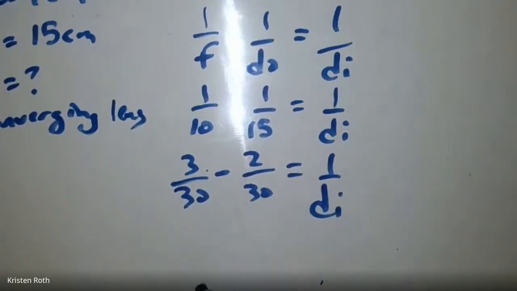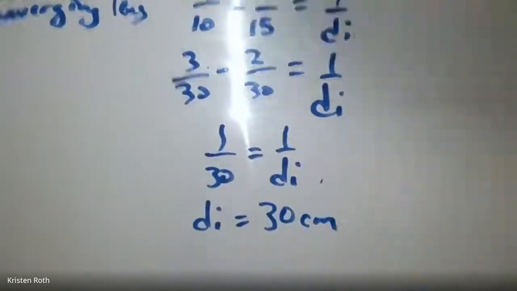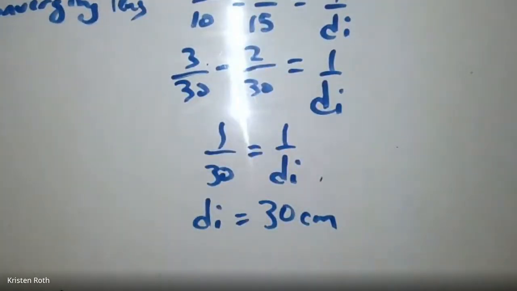Okay, so let's do this. 3 over 30 minus 2 over 30 gives us 1 over 30 equals 1 over di. Cross multiply, we end up with 30 centimeters. Okay, this makes sense, because it's positive.